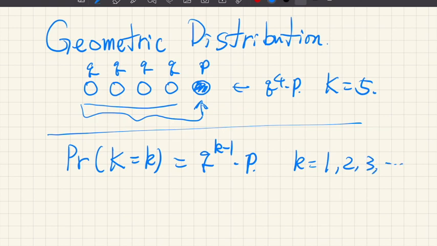In this case we write k follows geometric distribution with parameter p. We don't know how many times we will try flipping the coin, so that number is not specified. In fact, it is the random variable we are dealing with here.